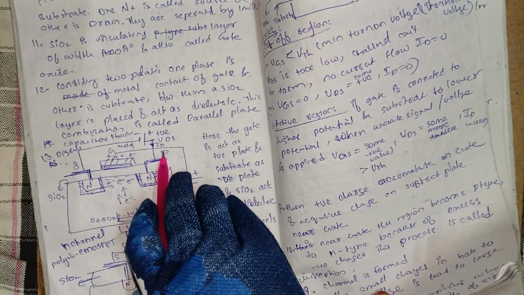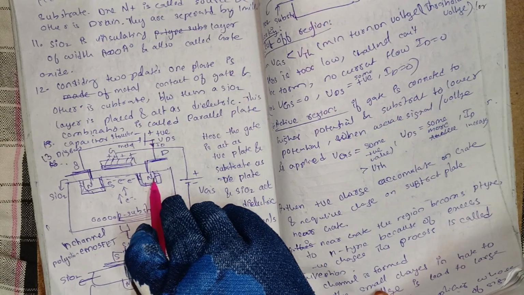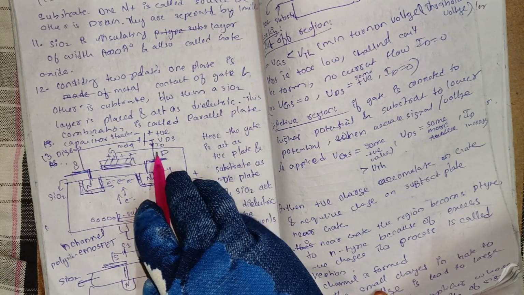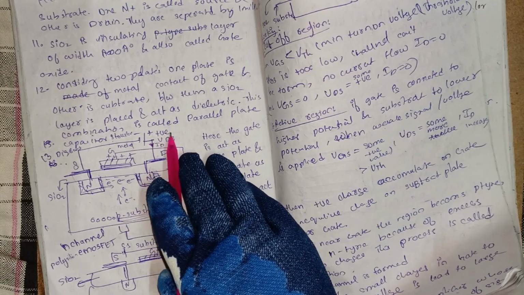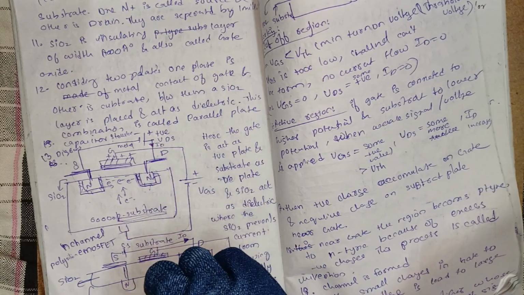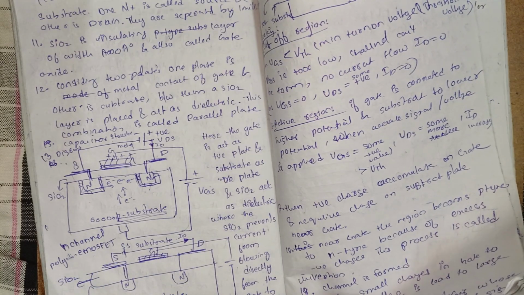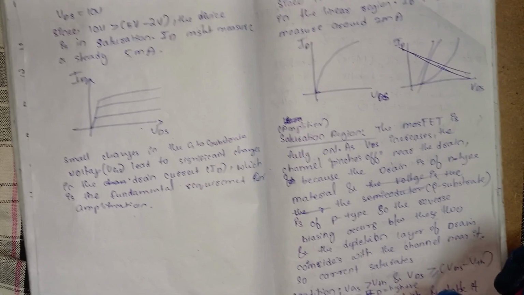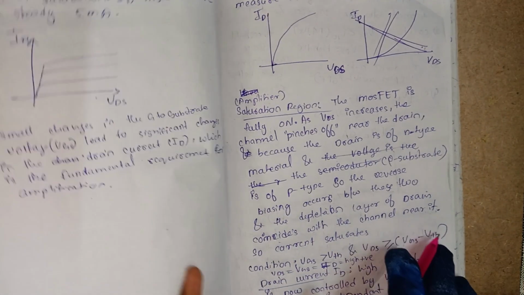Now the drain terminal, which is n type region, is increased, meaning VDS is more increased, more positive. So here the depletion region increases and coincides with the channel near it.